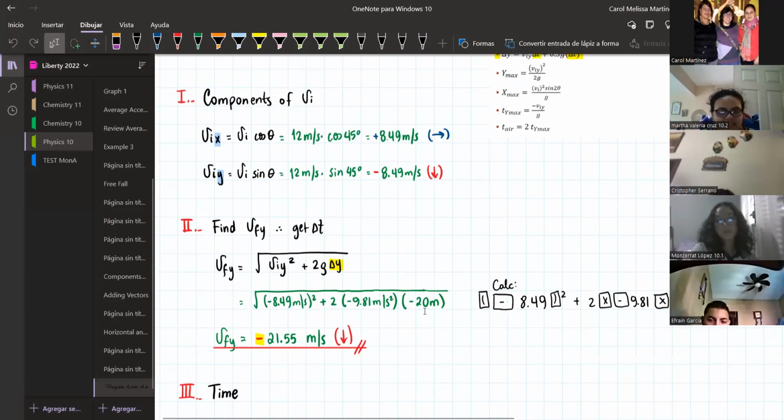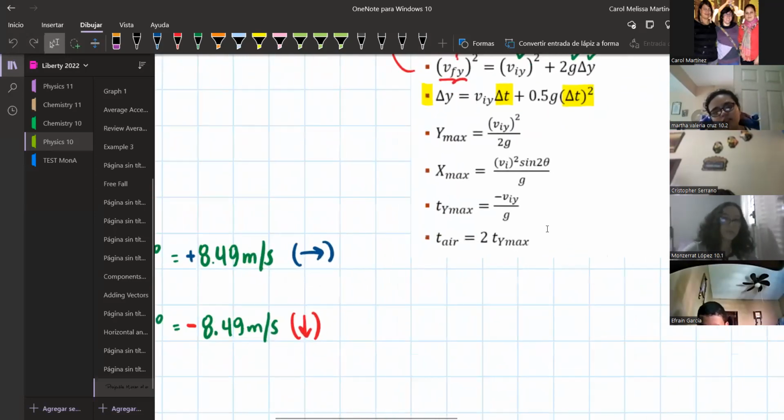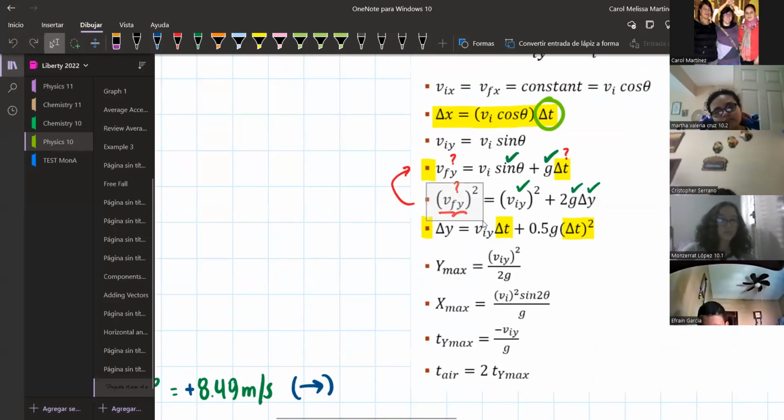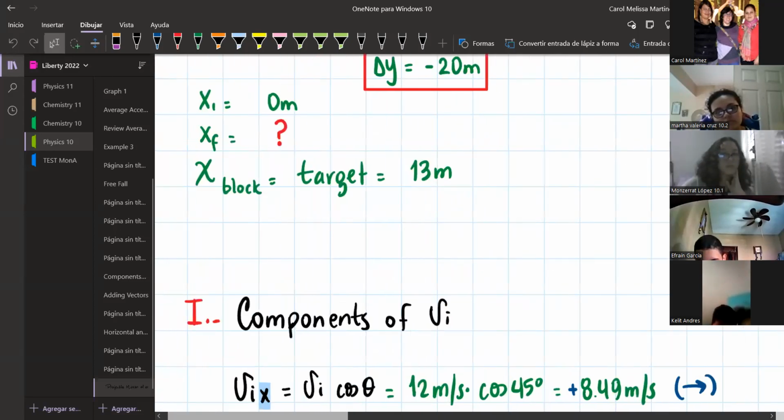So talking about time, we need to get a time. The original idea was you find the velocity to then isolate for the time. So we're going to use this other equation to find the time.